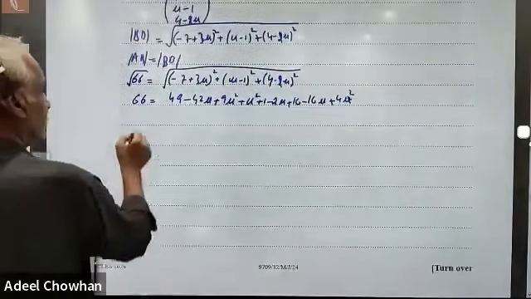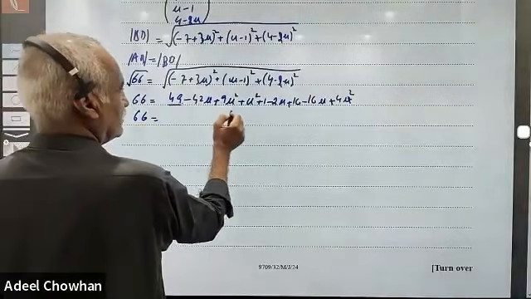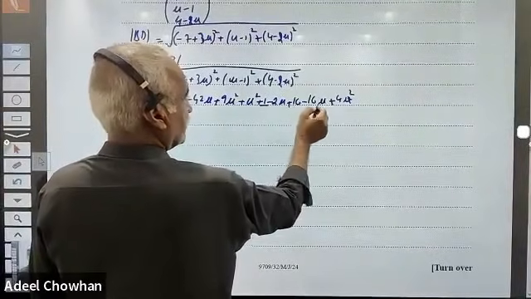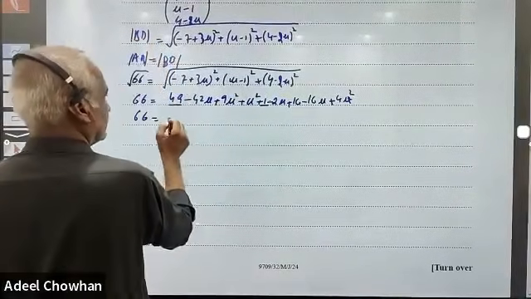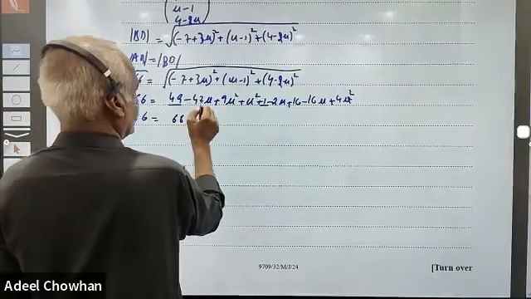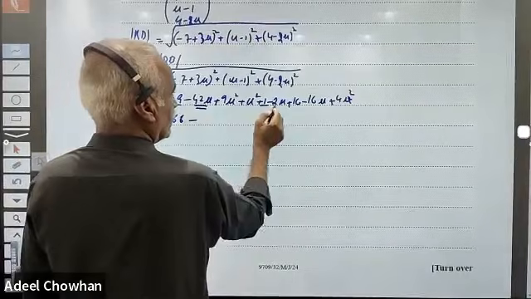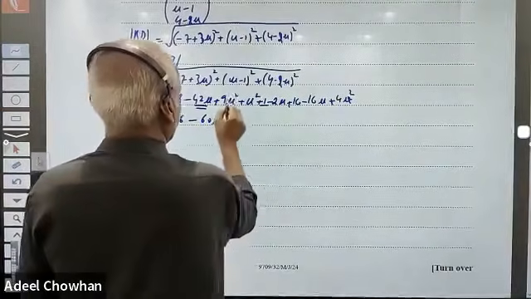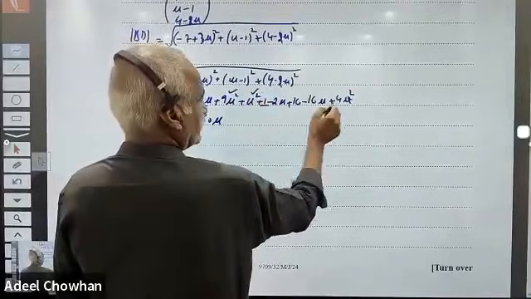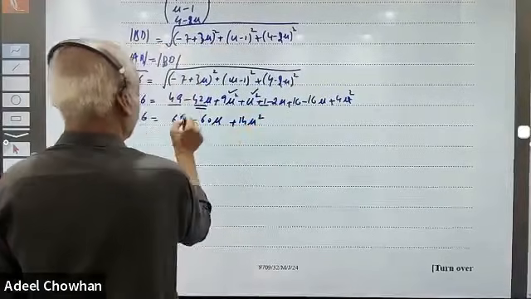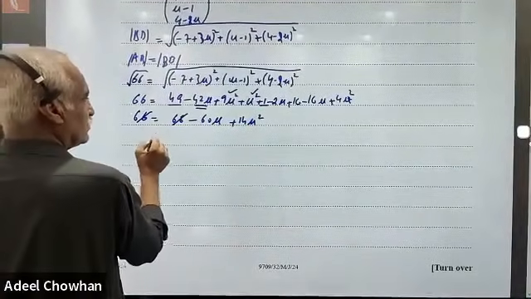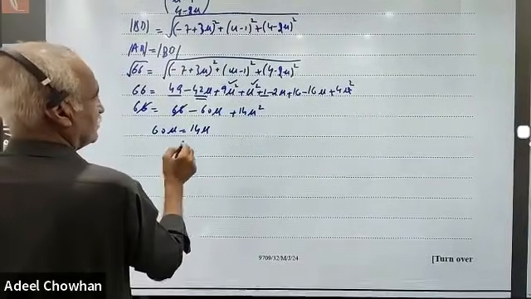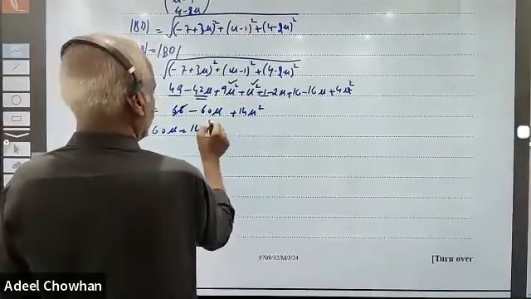So 66 is equal to 49 plus 1 plus 16, which is 66, minus 42 mu, minus 2 mu, minus 16 mu, that is minus 60 mu, plus 9 mu square plus mu square plus 4 mu square, which is 14 mu square. 66 and 66 cancel. So 60 mu is equal to 14 mu square.